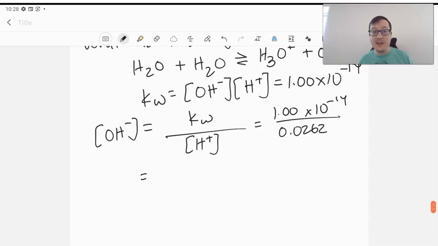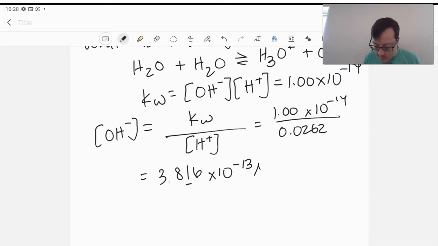And then pH and pOH, as we'll see, foreshadowing, will have no units. So 1 times 10 to the negative 14 divided by 0.0262, we get 3.816, but we have 3 sig figs here, times 10 to the negative 13 molar.